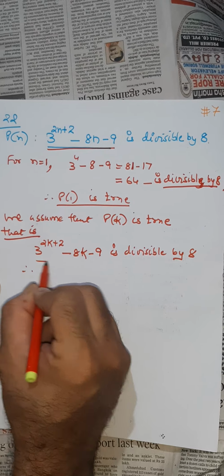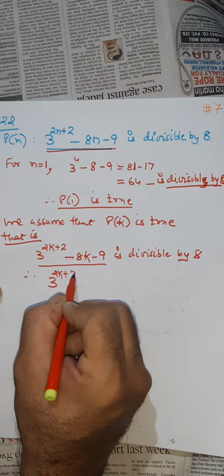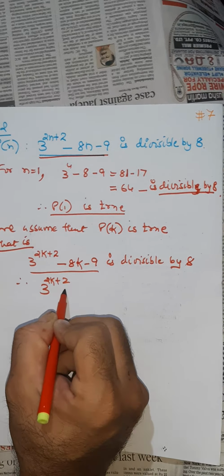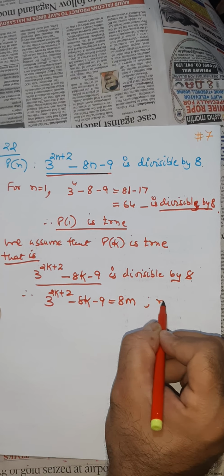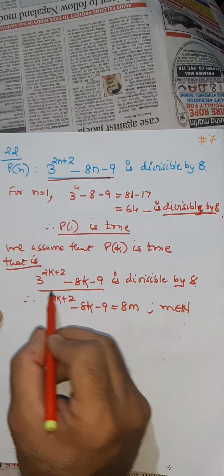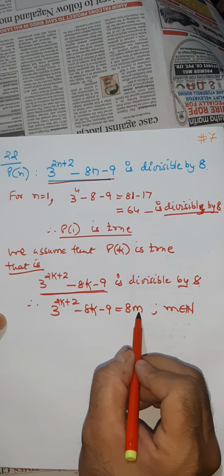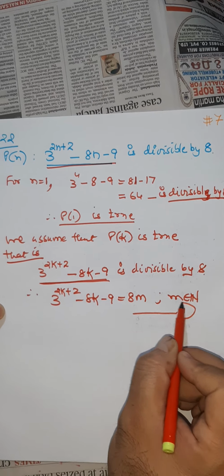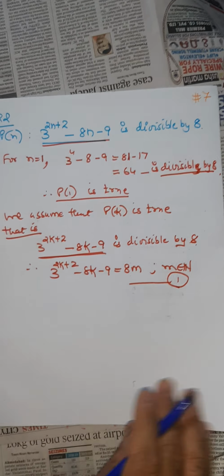So you can say that this is a multiple of 8. So I can write 3 raised to 2k plus 2 minus 8k minus 9 equals 8m. Divisible by 8 means multiple of 8, where m belongs to N. This must be like 8 or 64 and so on. That is a multiple of 8. We call this equation number 1, and we'll use this in the proof of k plus 1.